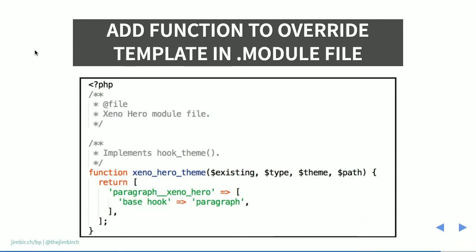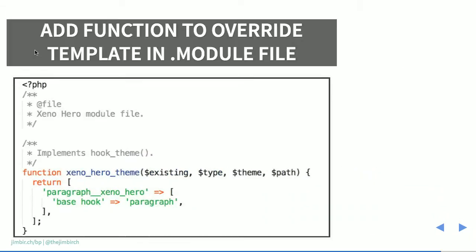And then we add this simple function. We copy this out of Bootstrap Paragraphs. This just says, for the module name, Xeno Hero, theme, if you see a machine name of paragraph Xeno Hero, use this paragraph template. It's like, I never knew I knew PHP, and there you go.